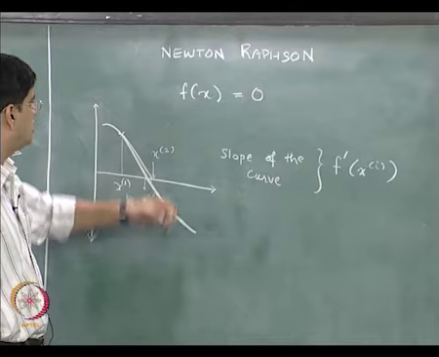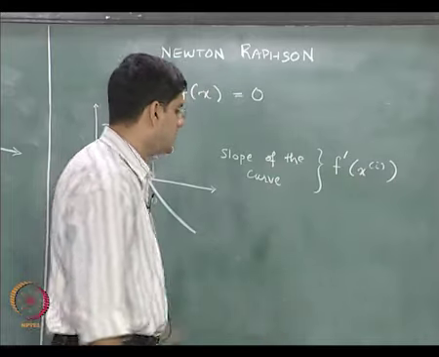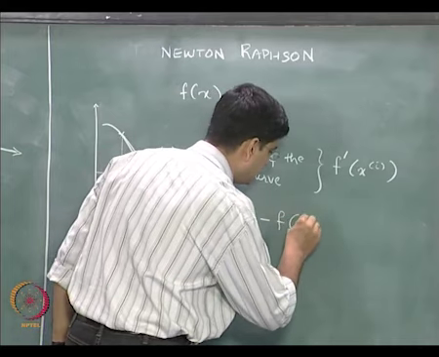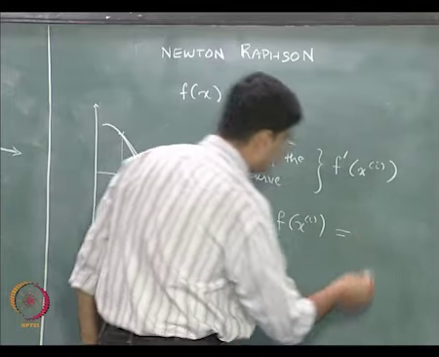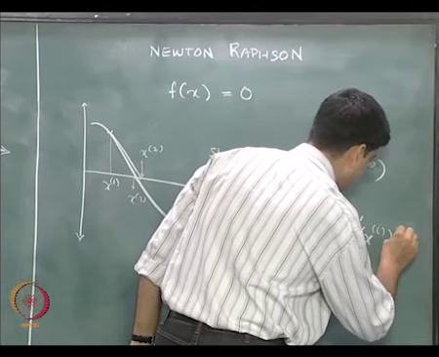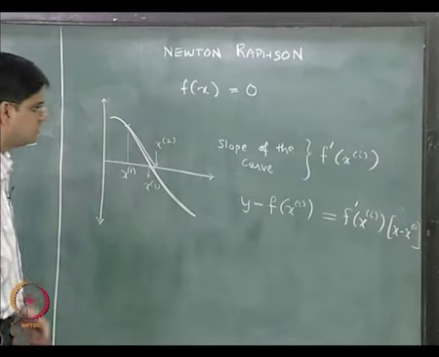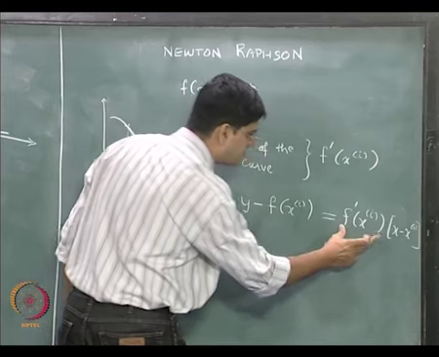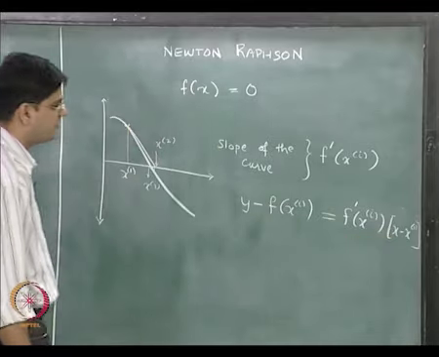The line that passes through that particular point with this particular slope is nothing but y minus f of xi equal to f dash of xi multiplied by x minus xi. Again, this is a line with slope f dash of xi that passes through the point xi comma f of xi.